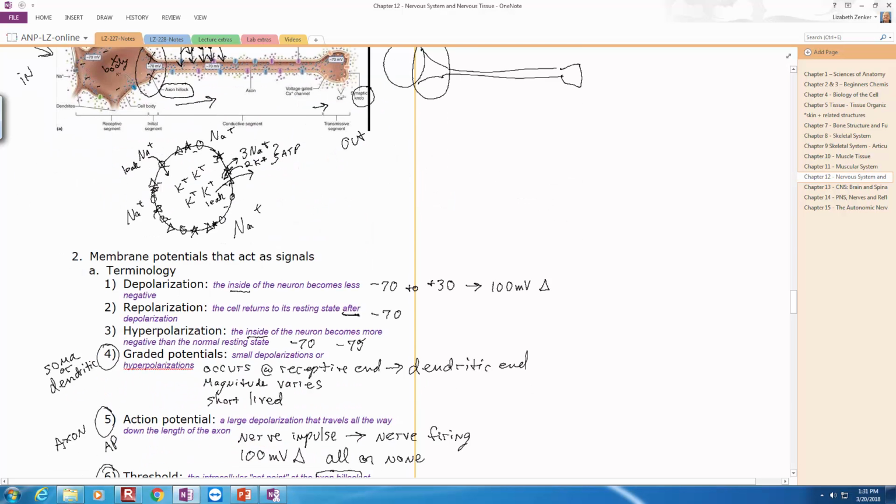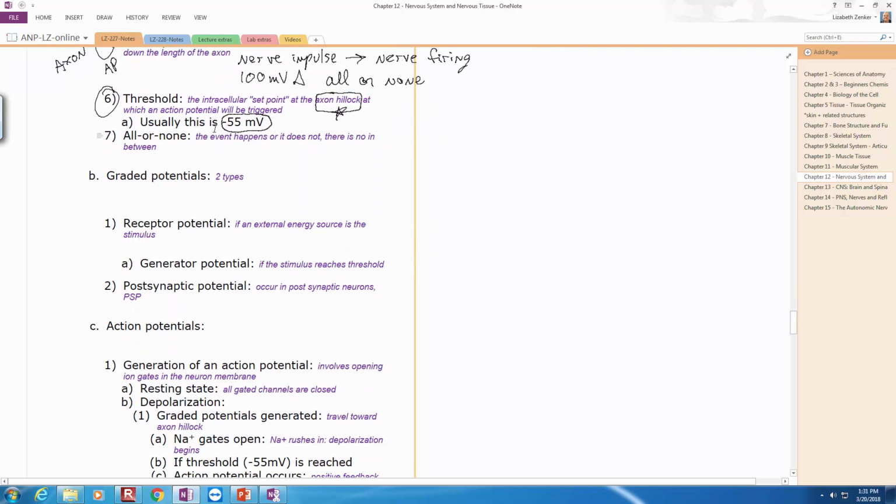So going back to here. All right, so this is all or nothing, like we said. The event happens or it does not. There is no in between. If it happens, it means you got an action potential, okay? The graded potentials, there are two types that we're going to talk about, and these are dendritic events.